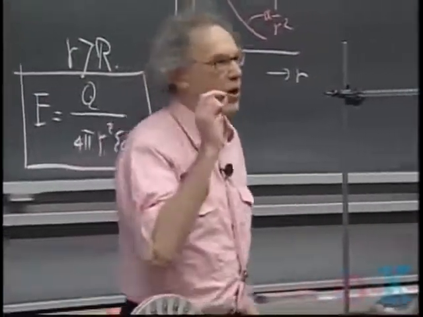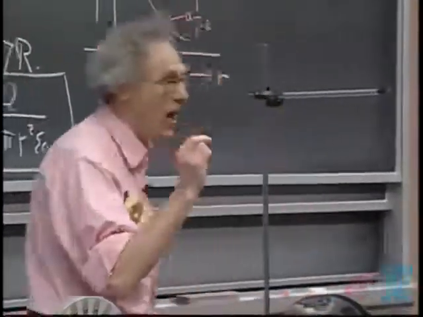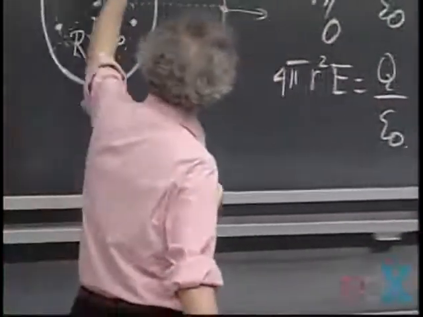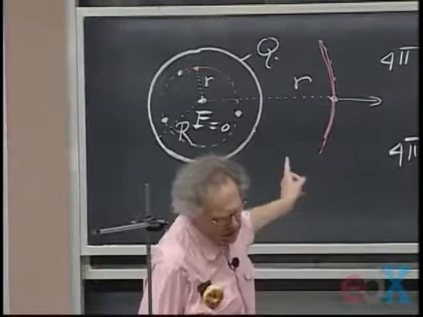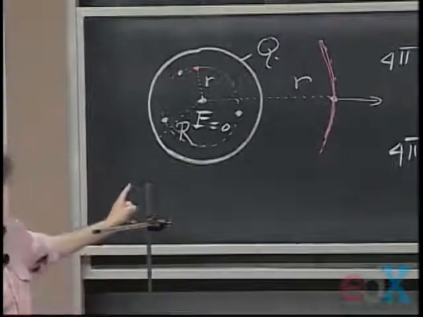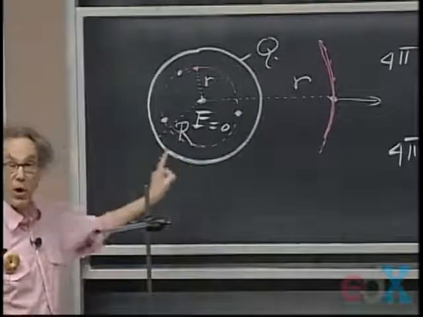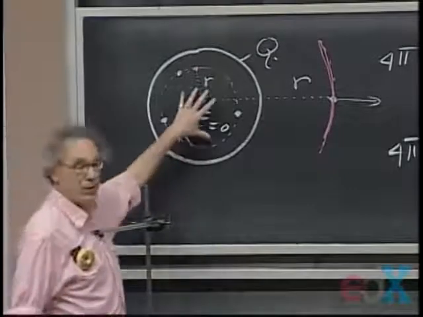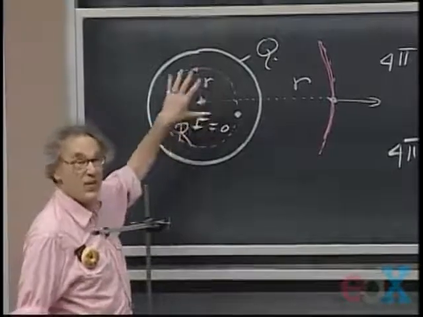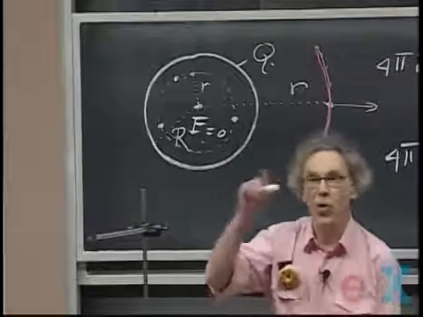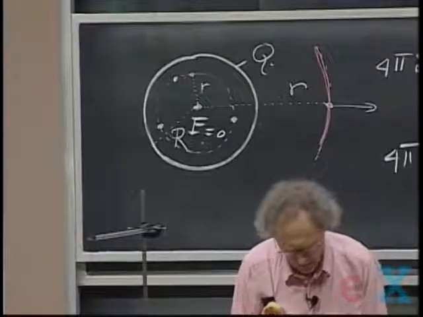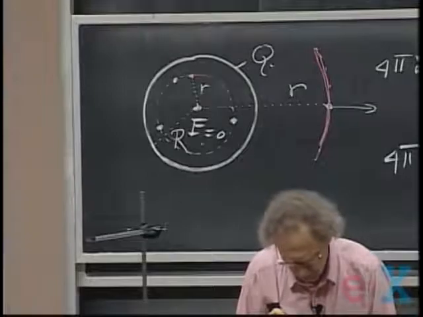The symmetry arguments take into account that the charge is uniformly distributed. If the charge on the sphere had not been uniformly distributed, I could not have used the symmetry argument, and therefore the electric field inside would in fact not have been 0. If there is more charge on the sphere here than there is there, the field inside the sphere is not 0. So I have used all that charge by using my symmetry argument.